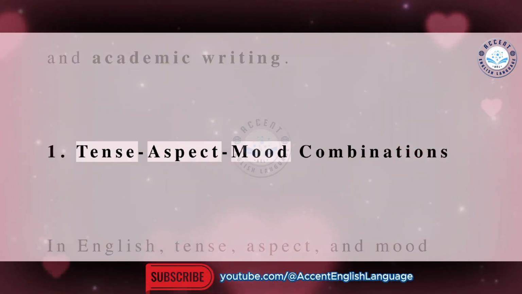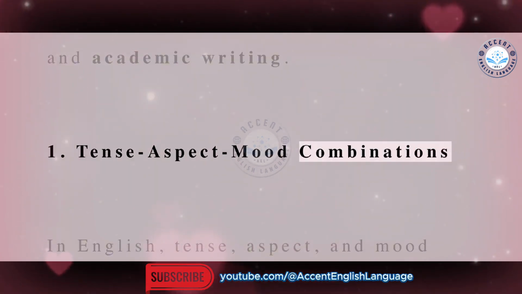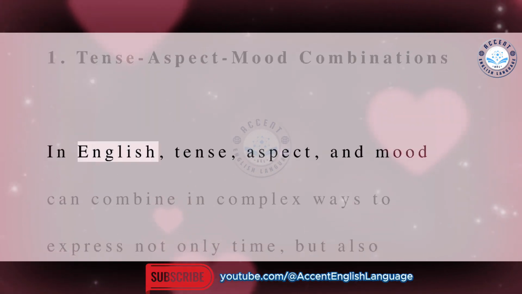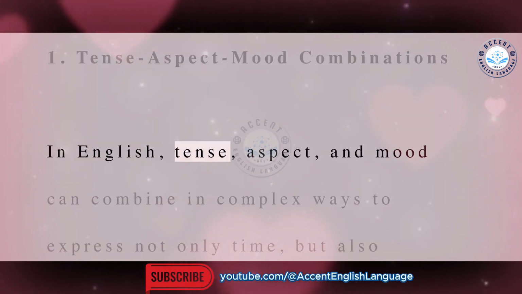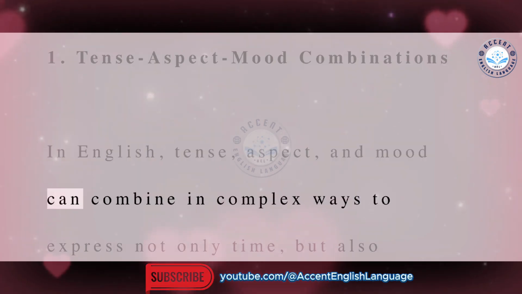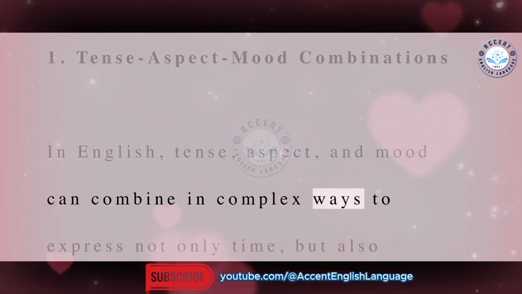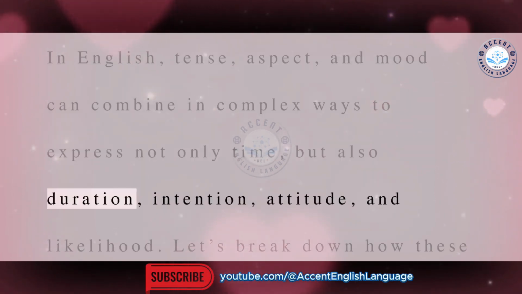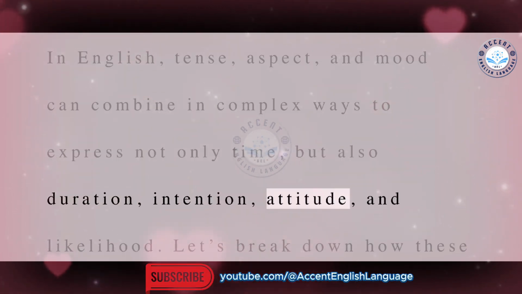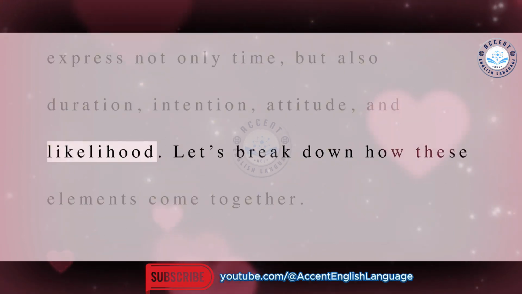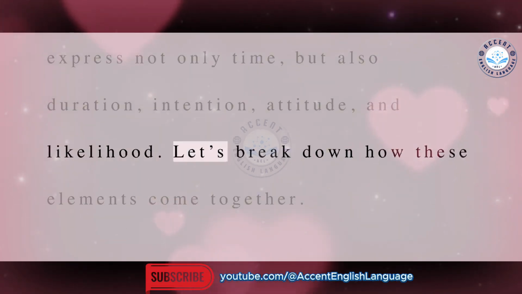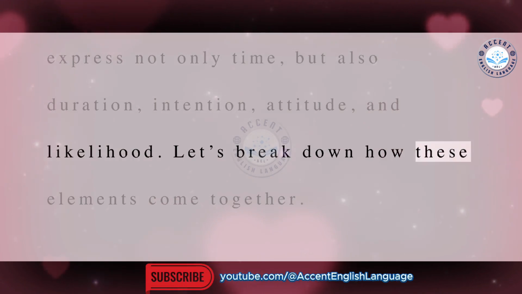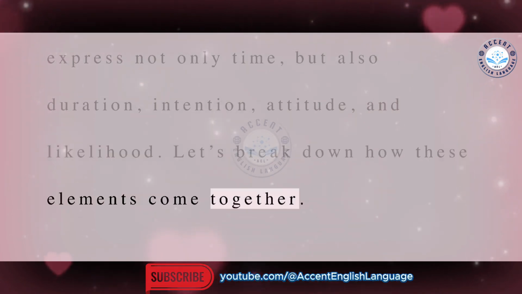1. Tense aspect mood combinations. In English, tense, aspect, and mood can combine in complex ways to express not only time, but also duration, intention, attitude, and likelihood. Let's break down how these elements come together.